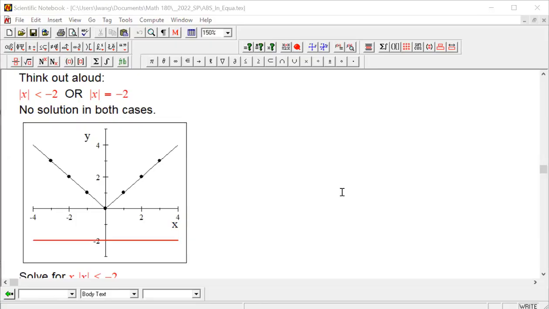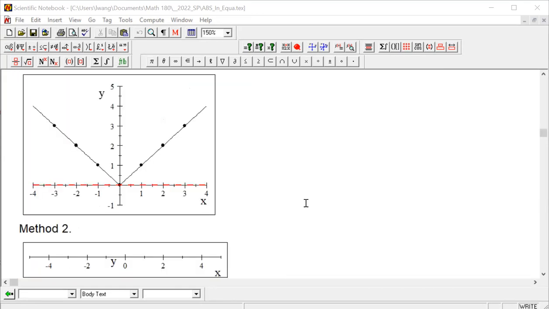Let's summarize these cases. Periodically summarizing will clear our mind about the question at hand and really reflect on the meaning.